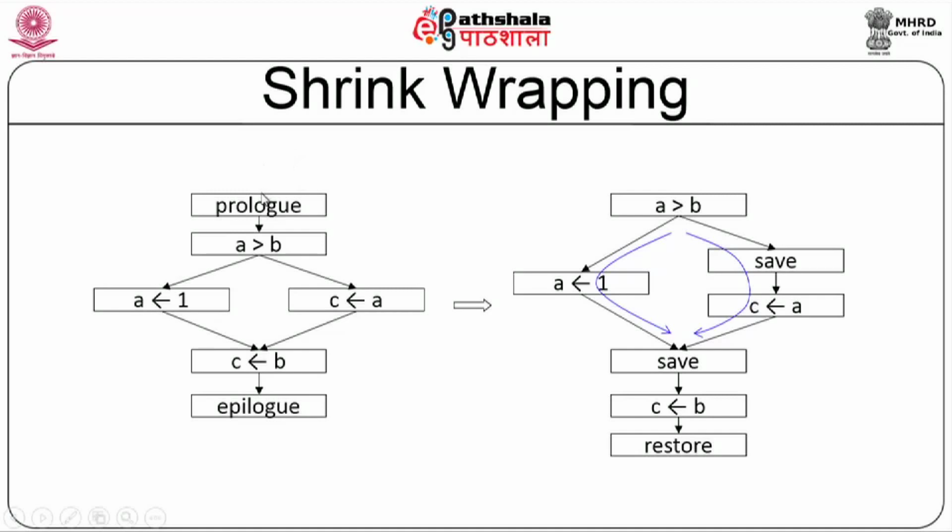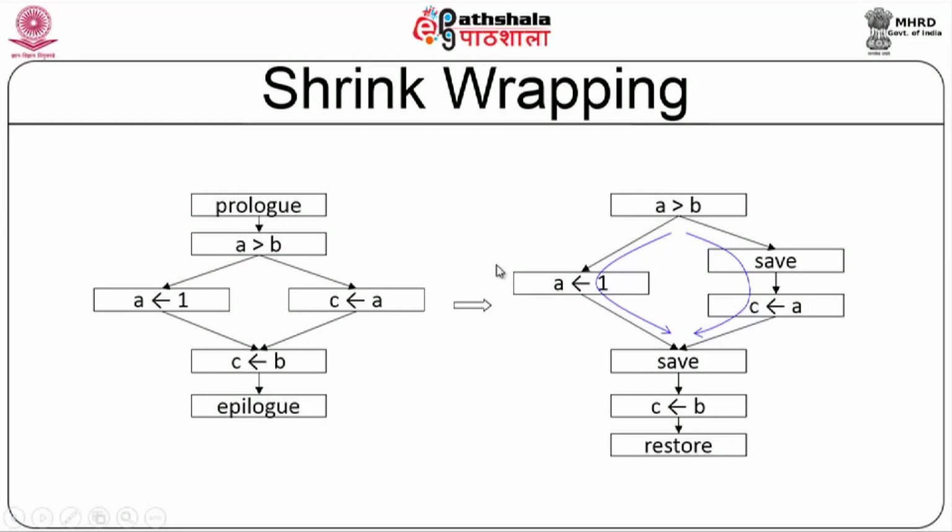I have to move the prologue closer and the epilogue also closer. I will just call a save function, where I save the intermediate result of a and b, because a is anyway getting reassigned here. Similarly, I can also save the value here. So, this is one optimization technique which we call shrink wrapping.